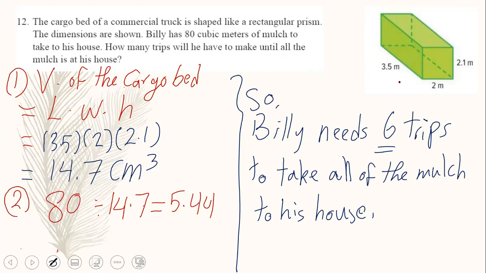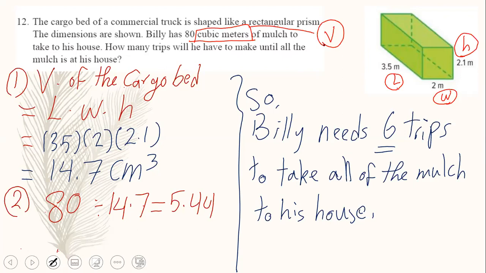This is the length of the cargo bed. This is the width of it, and here is the height. And Billy has 80 cubic meters, and cubic meters is a keyword which leads us to volume. So this question is about volume.